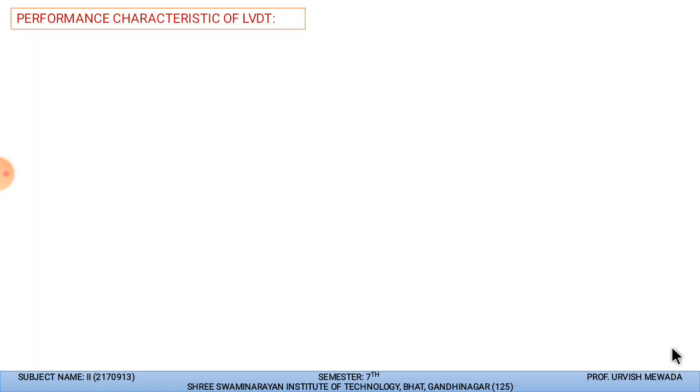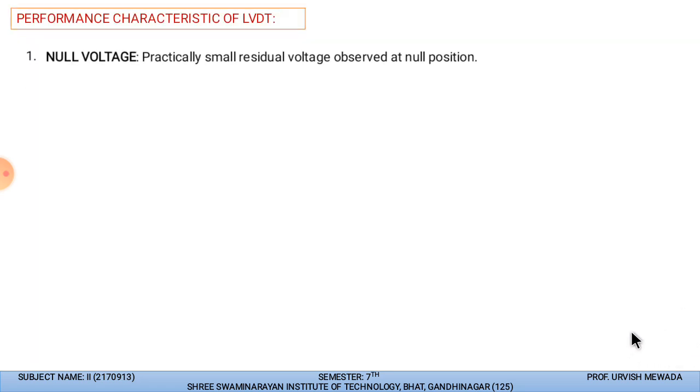Then let us discuss the performance characteristics of LVDT. First is the null voltage. Null voltage means a practically small residual voltage observed at the null position.